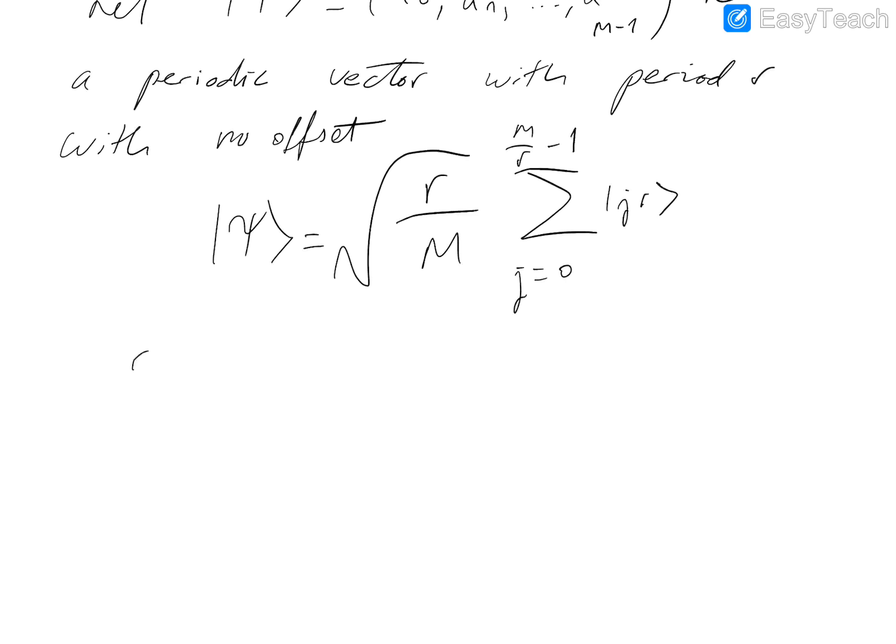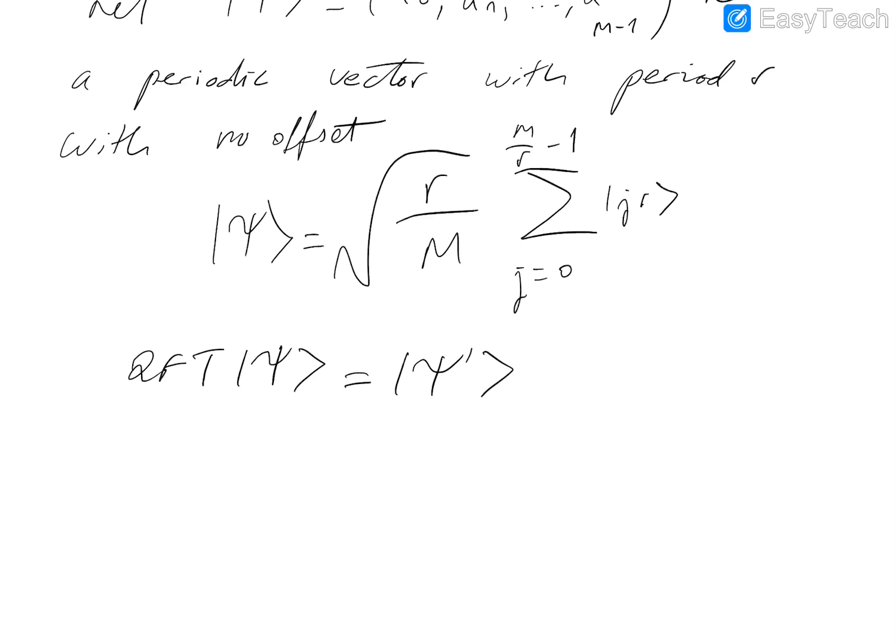So then the quantum Fourier transform of psi will be equal to psi prime. This is a periodic vector of length m, but with period m over r, with no offset. So the first property is that it eliminates the offset, even if the given vector had an offset, as we shall see shortly.